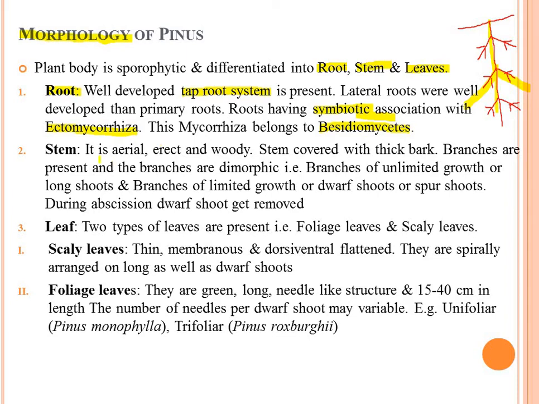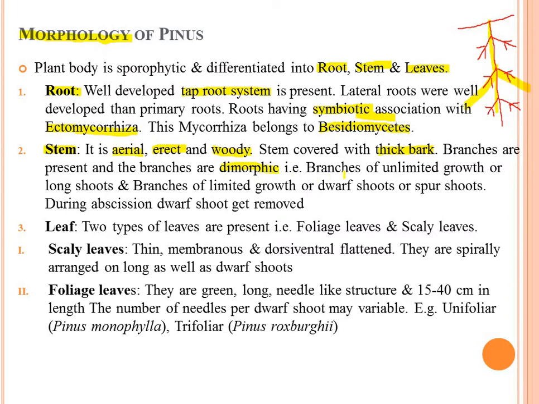Then the stem. In Pinus, the stem is aerial, growing in air, erect and woody. The wood is very tough and hard, and it is also used to prepare timber. The stem is covered with thick bark. Then branches are present, and the branches are dimorphic. Dimorphic means 2 types of branches are seen in the Pinus plant.